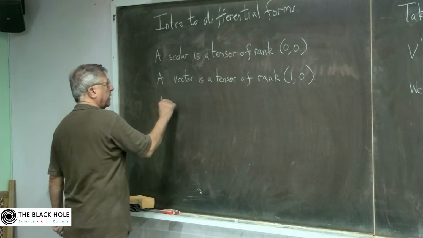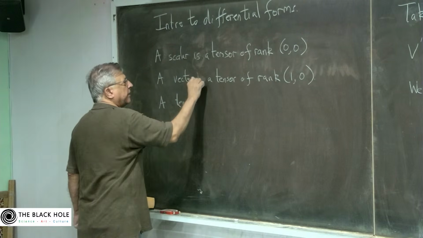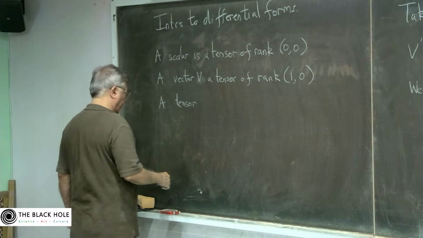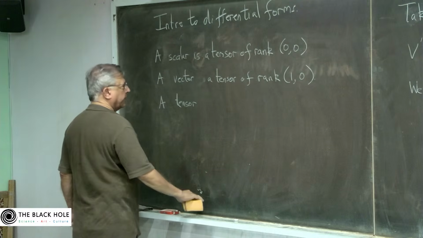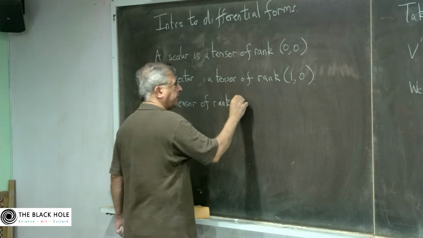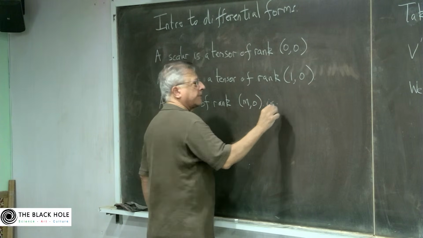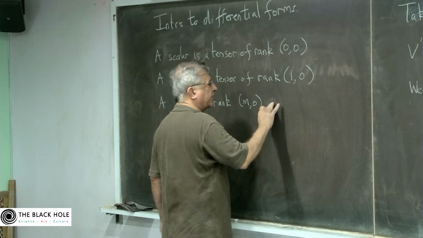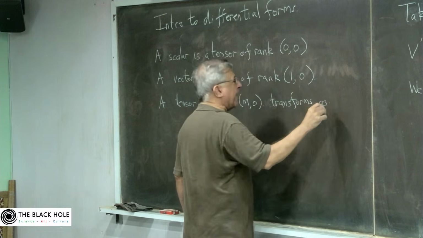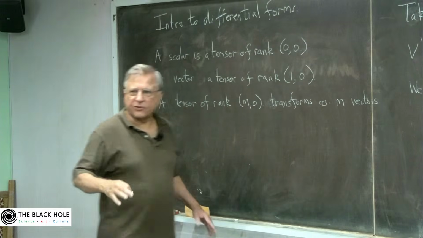Then tensor, let's see, let's call it V. In general, a tensor of rank M transforms as m vectors that are strung together.